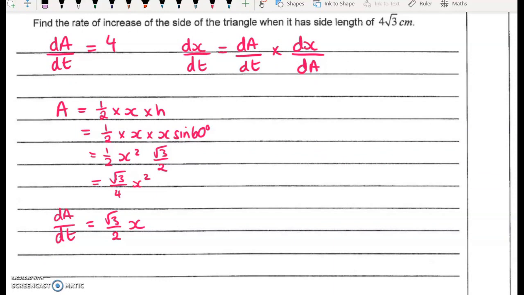So now we go back to what we were looking for, which was dx by dt will be equal to dA by dt, which is 4, multiplied by dx by dA, which is this thing flipped over. So it will be 2 over root 3 times x.